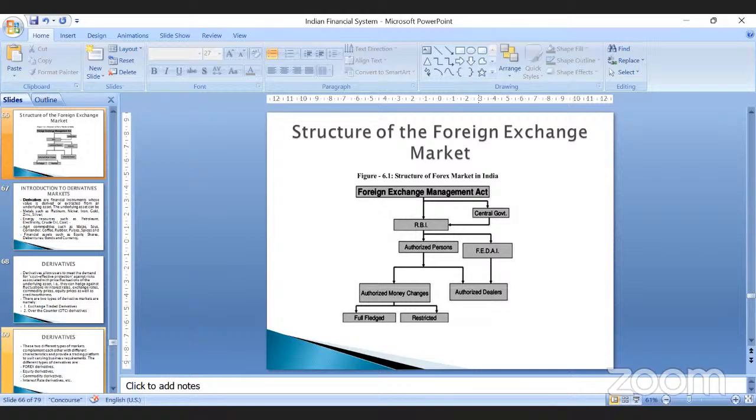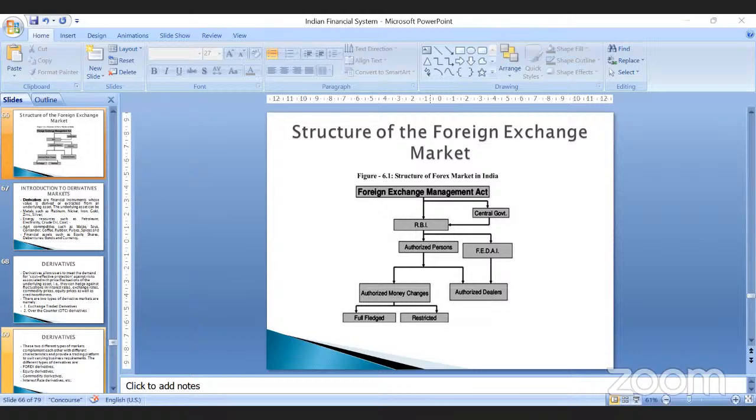Now, apart from that, we have something called authorized money changers. What do these authorized money changers do? It is a body which is licensed by the Reserve Bank of India to deal with foreign exchange. They purchase foreign currency from residents and non-residents and sell foreign exchange to these parties.